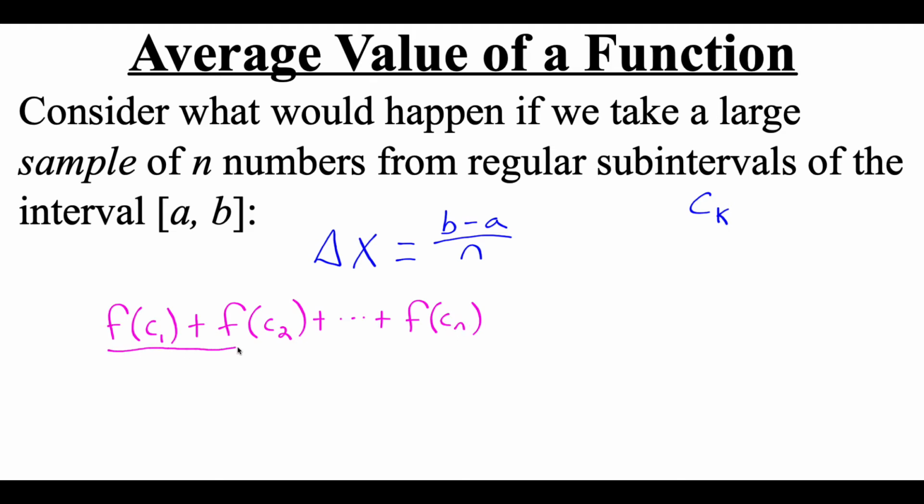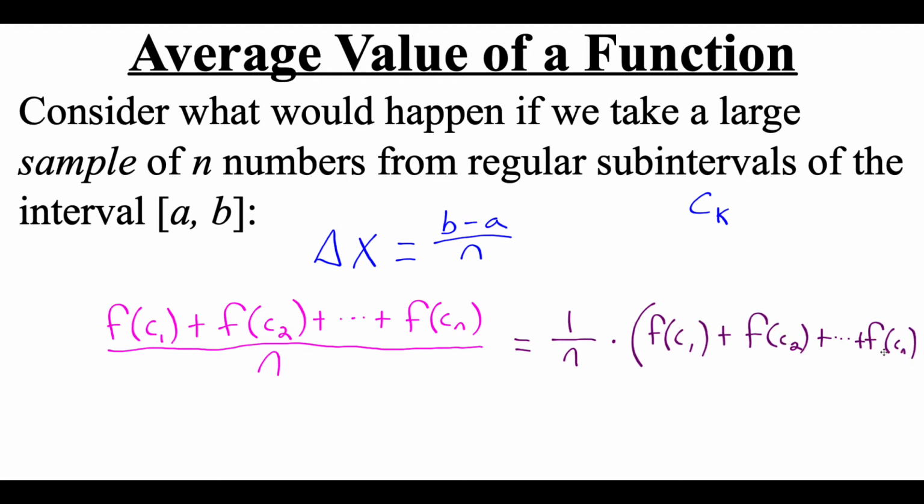Then we would divide all of that by however many numbers we were adding together. With a little manipulation, we could write that as 1 over n times all of these different function values being added together.